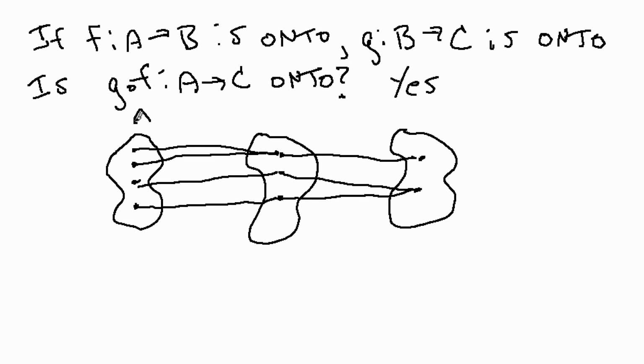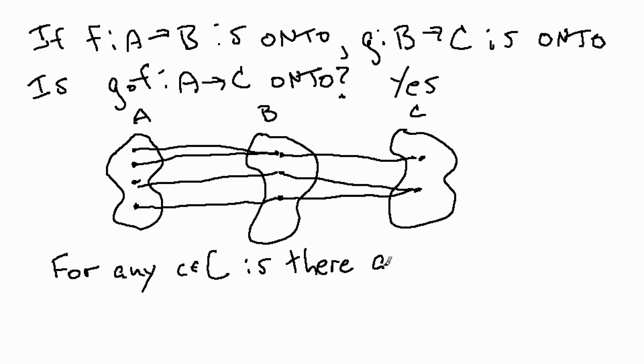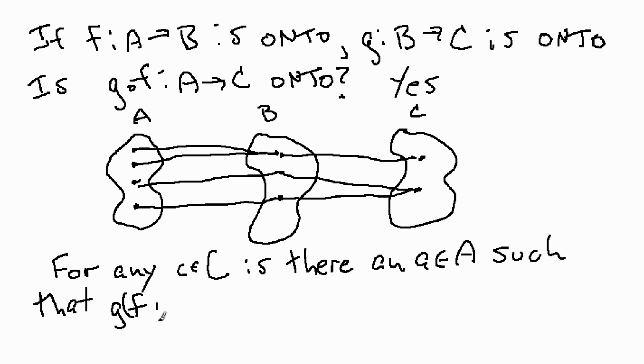So if this is A, B, C, basically the question is, for any c contained in C, is there an a contained in A such that g of f of a is equal to c? And the picture really almost does it for us.